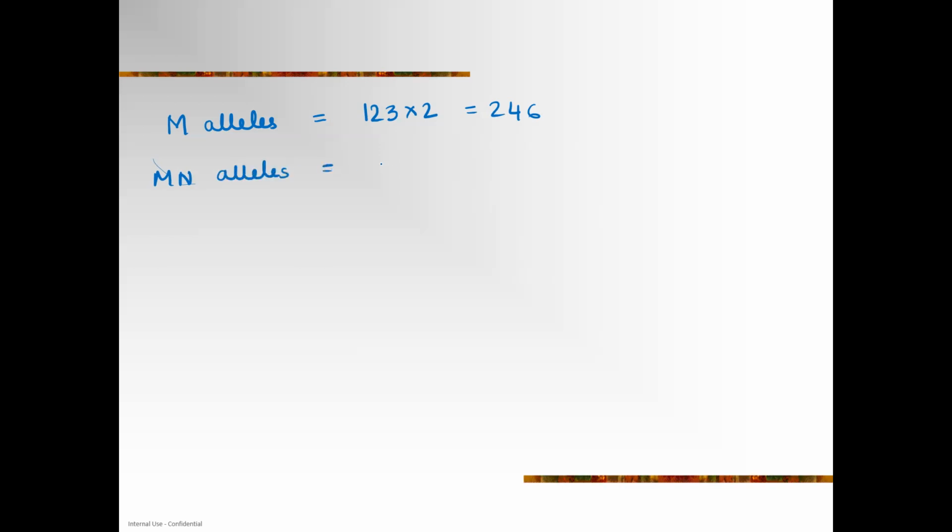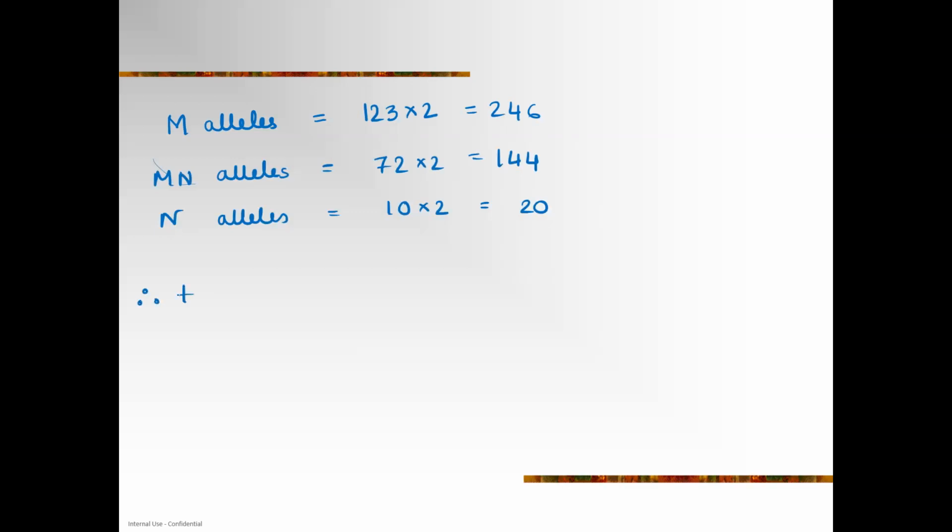MN alleles 72 into 2, which is 144. N alleles 10 into 2. Correct? 20. Is that clear?